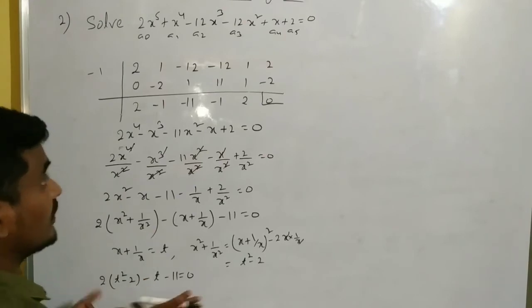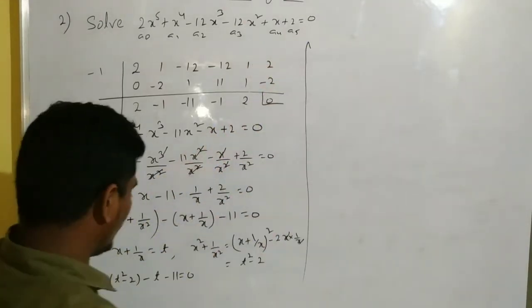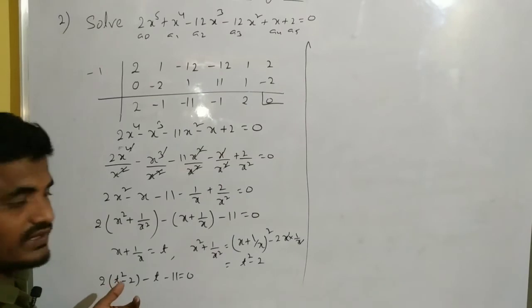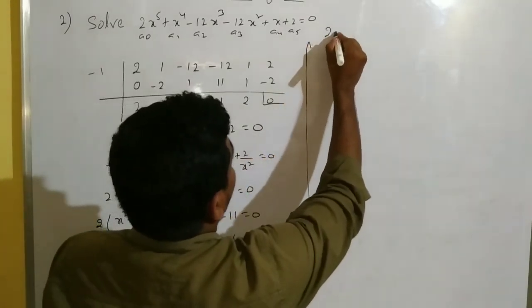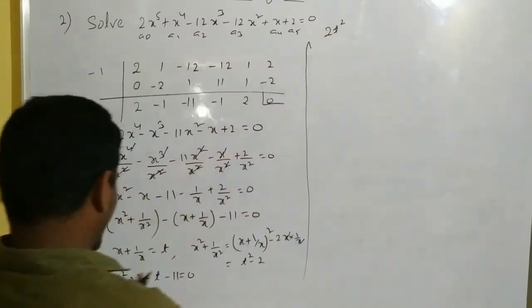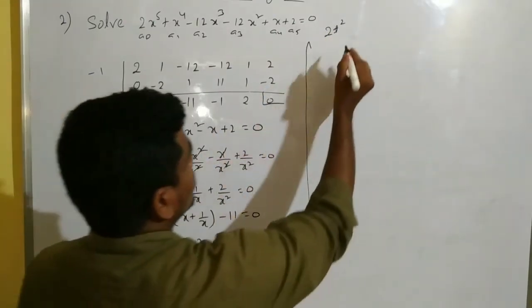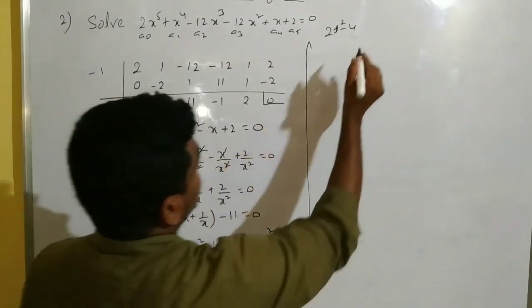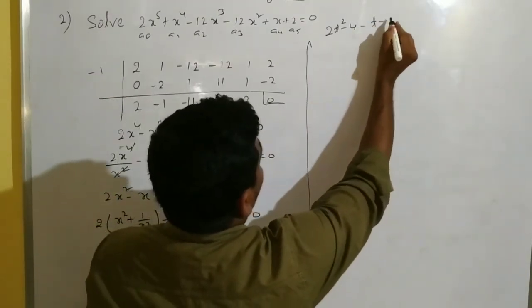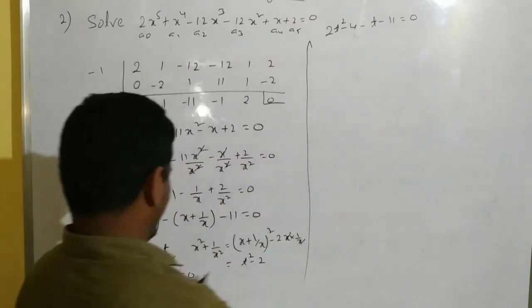And next I simplify here. 2 into t square is 2t square, and 2 into 2 is minus 4, and this is minus t minus 11 equals 0.